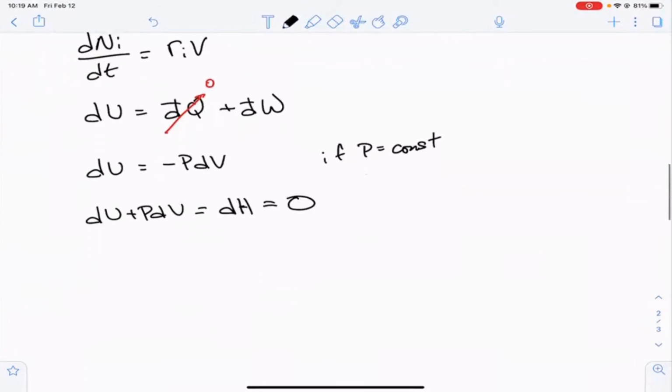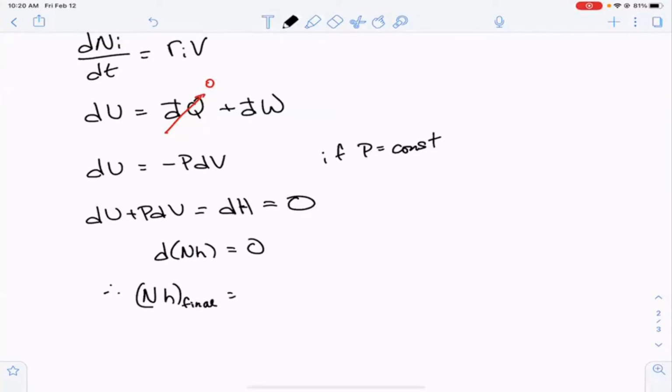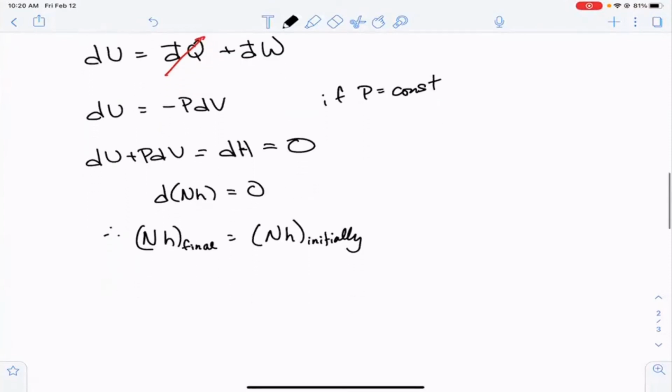Now, what does that mean? Well, if I put this in terms of intensive variables, this means that d(NH) is equal to 0, or that the number of moles times the enthalpy at the end of our process is equal to the product of the number of moles times the enthalpy that is there initially. Now, the way that we've written this so far is that we have multiple components because we have multiple reactants.